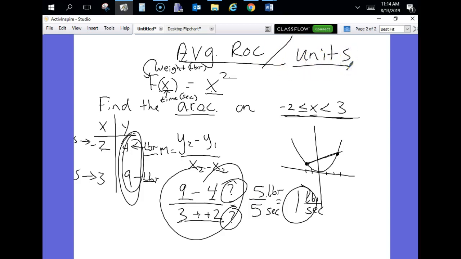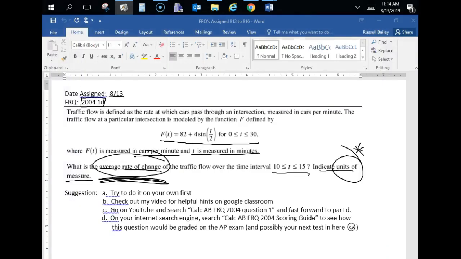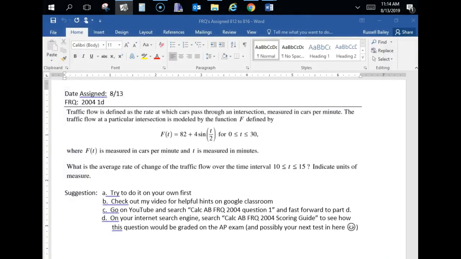Okay? The last thing that you'll probably run into that's a little bit challenging on this is at some point you're going to be plugging in a number to a function that has sine in it. So, I'll just use the function that they actually give us here. I'll do one for you. Let's take a look here at this.